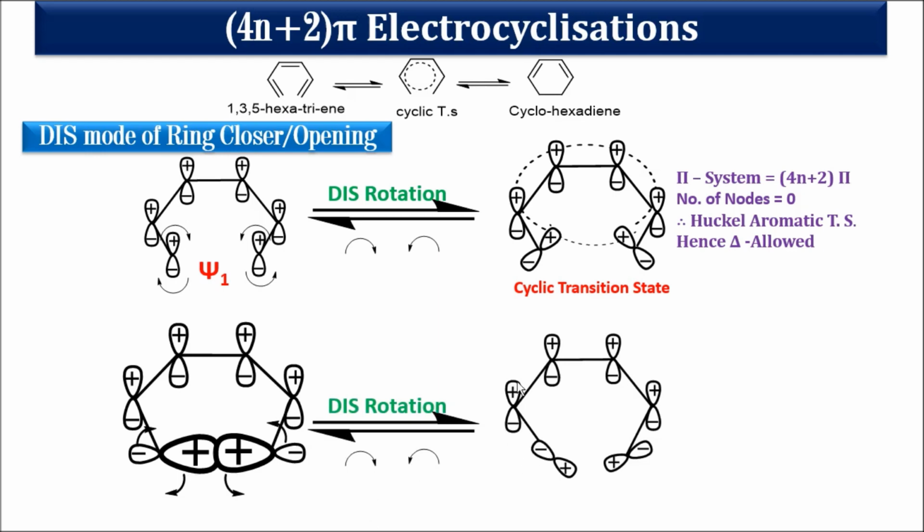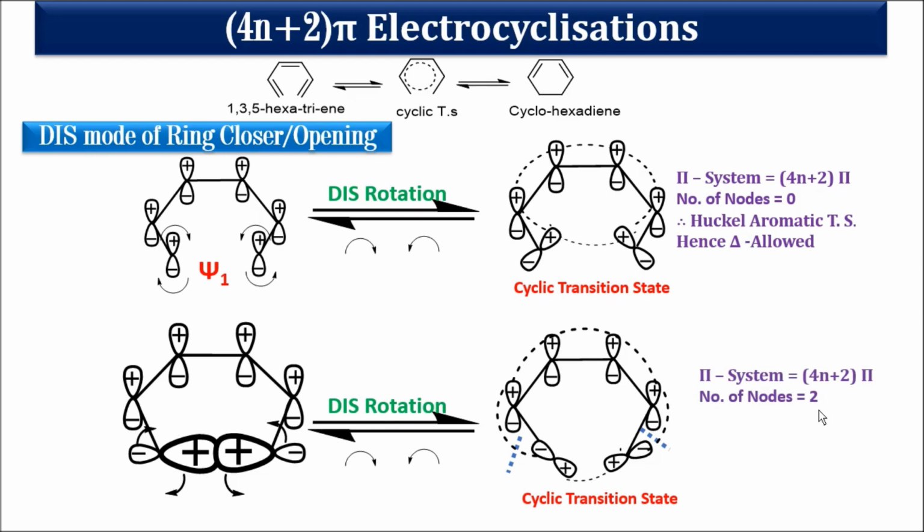Connect all top side lobes. Before the cleavage, these two lobes are connected and connect to these two. Now you see, plus and minus are connected here in the transition state, so these two are the nodes. So the system is a 4n plus 2 pi electrocyclization system, and the nodes are 2.